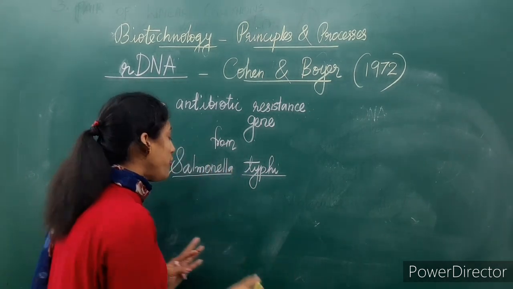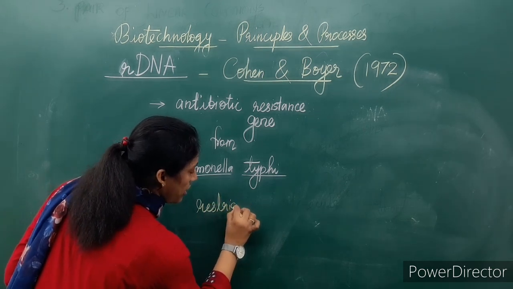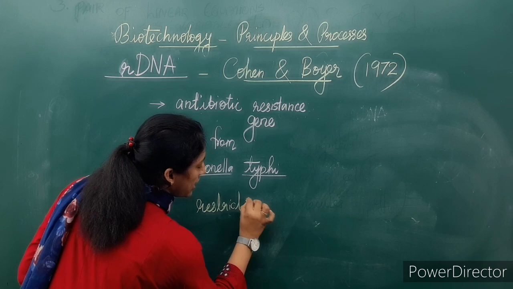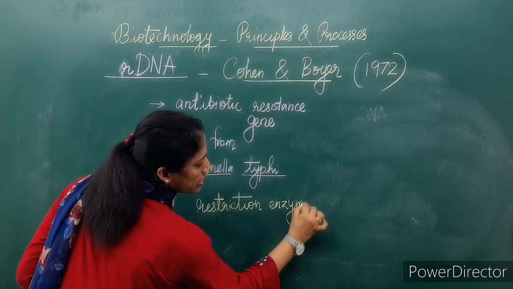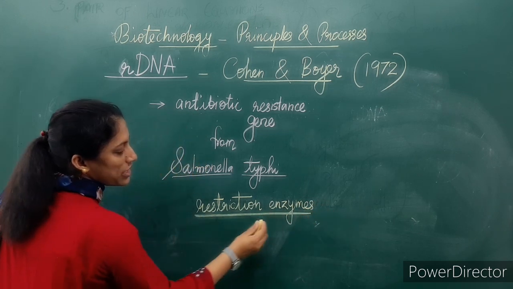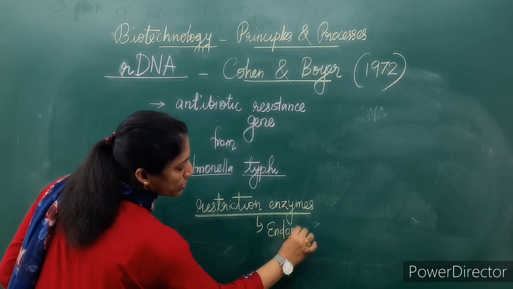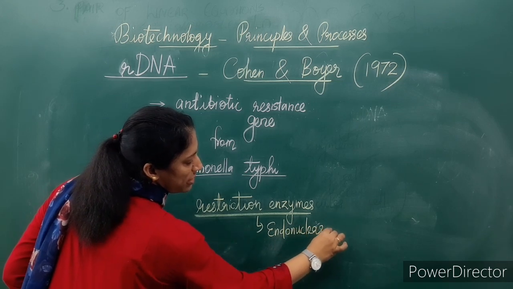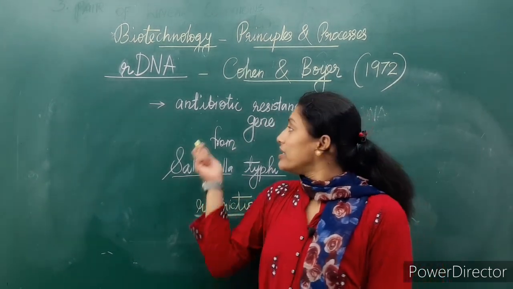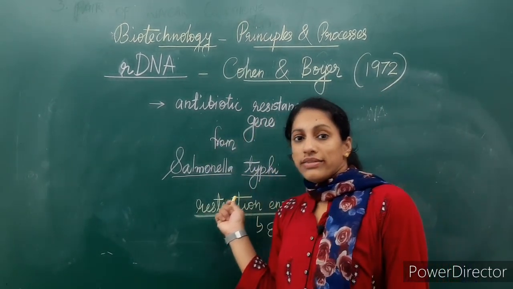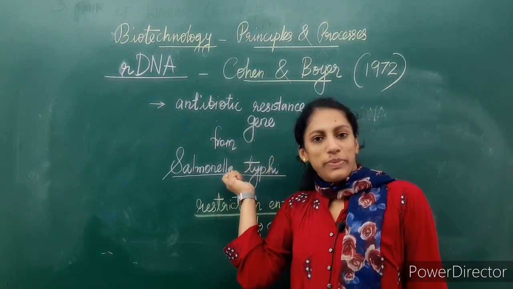They used enzymes, which were discovered by other scientists, the restriction enzymes, which come under the category of endonucleases. Using restriction endonuclease enzymes, Cohen and Boyer cut the antibiotic resistance gene from this bacterium.